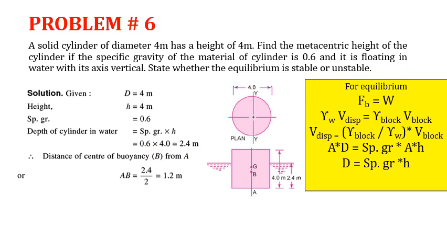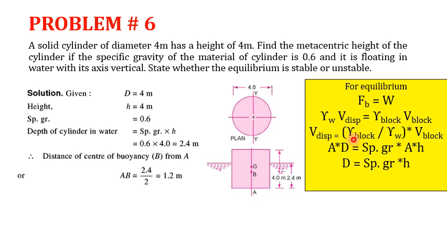So we have got this using the basic equilibrium equation. As we know, for equilibrium, this force of buoyancy should be equal to weight of that object, and force of buoyancy is weight of volume of liquid displaced. So it is specific weight of the liquid into volume displaced, and the weight of the object is specific weight of the block into volume of block. So rearrange it for volume displaced.